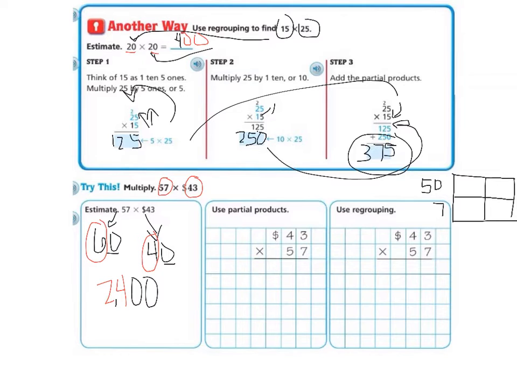And 43 is going to go up on the top, and that's made up of 40 and 3. And now I'm going to solve each part. So 5 times 4 is 20. And then I have 2 zeros. So my first number is going to be 2,000.